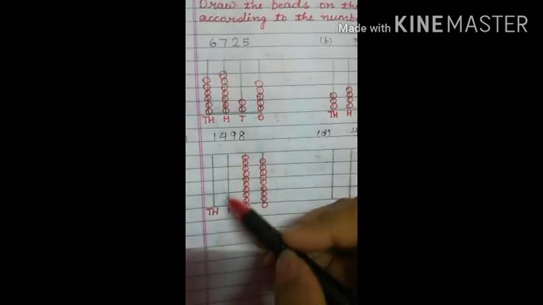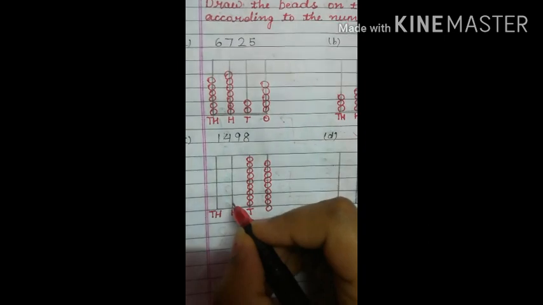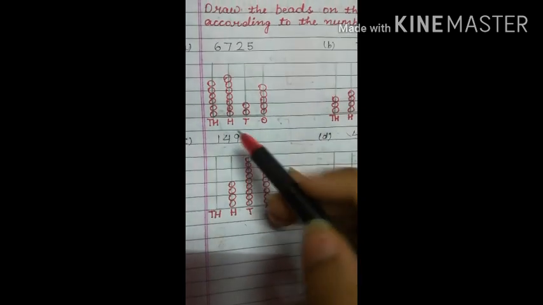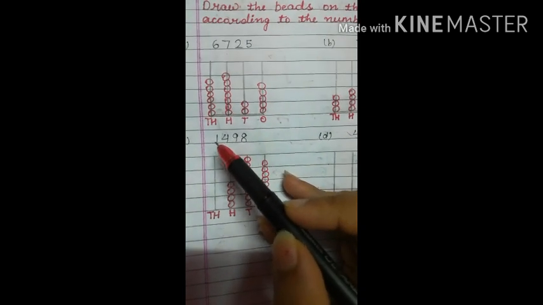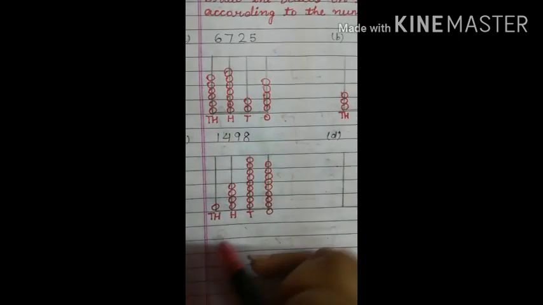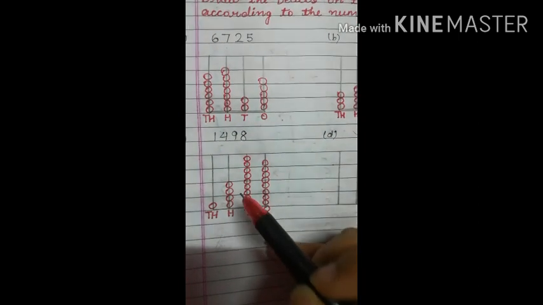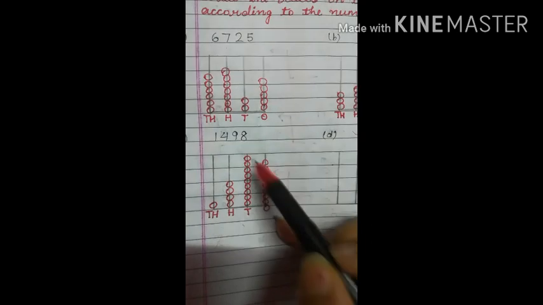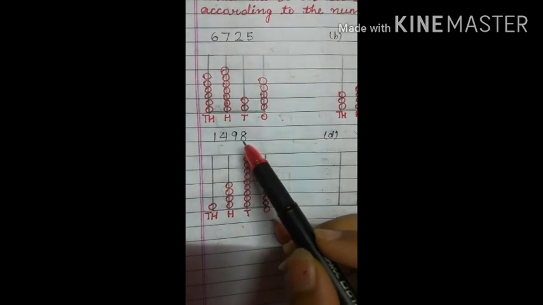Now at hundreds place we have 4. That means here we will draw 4 beads: 1, 2, 3, 4. And on thousands place we have 1. That means we will draw only 1 bead. Now in this part also you can see that here we have the number 1, 4, 9, 8.